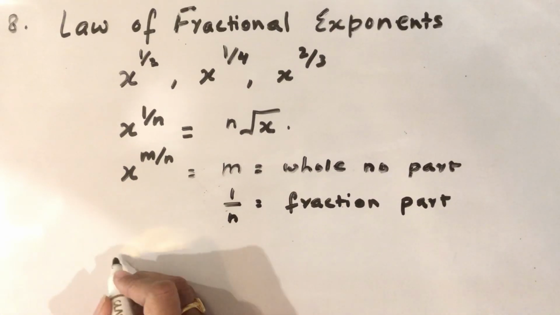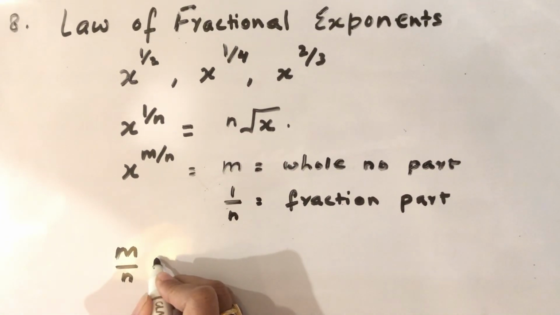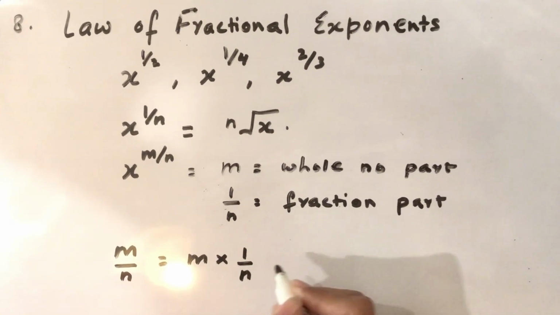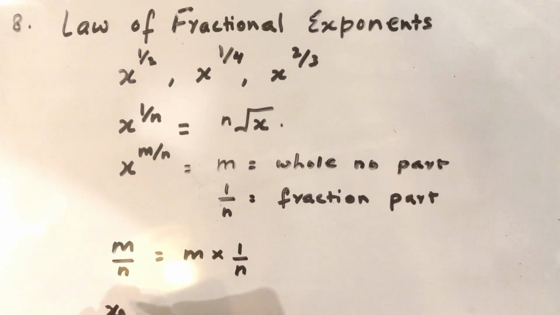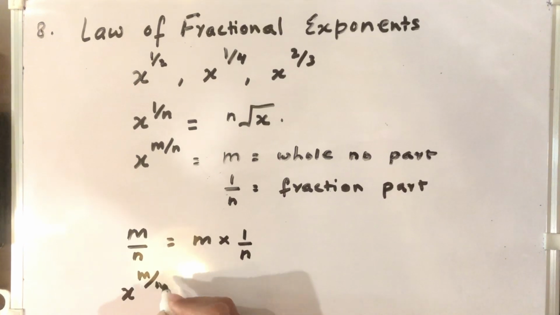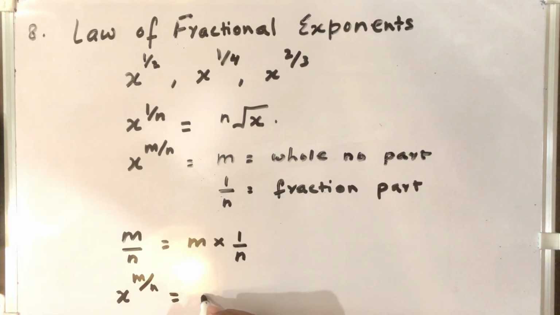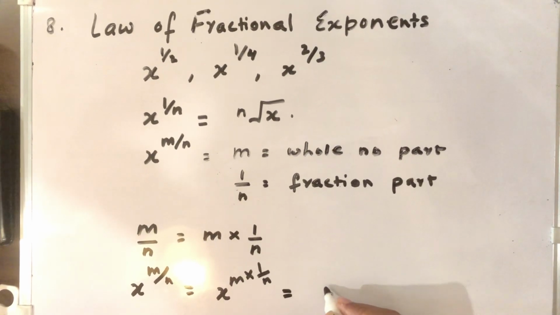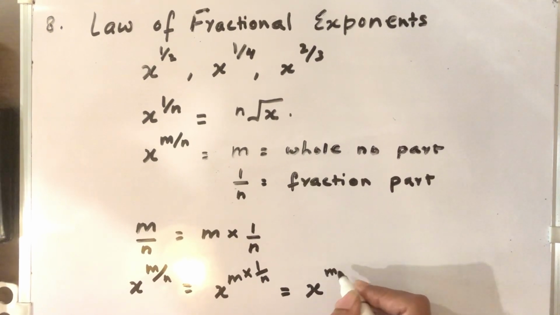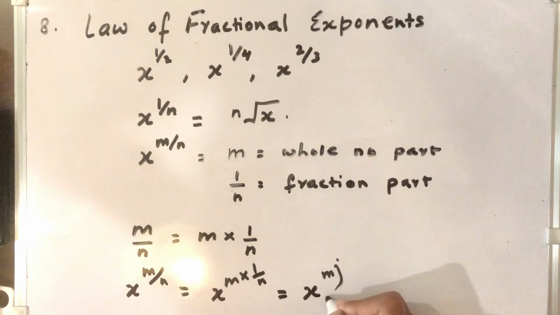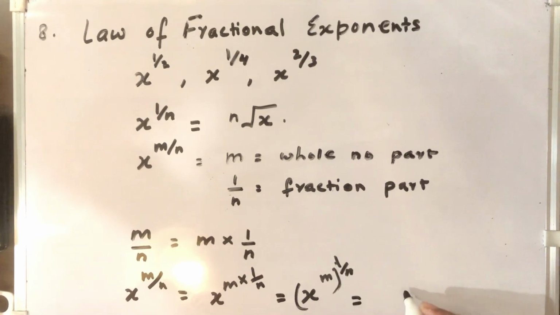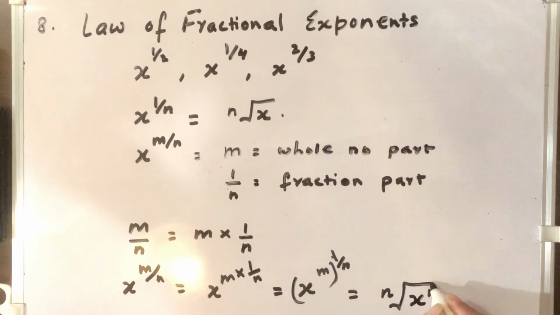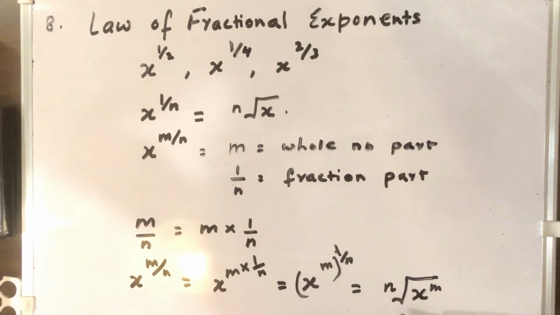Because m upon n is equal to m multiplied by 1 over n, if we have x power m upon n, we can write it as x power m multiplied by 1 over n, or x power m, 1 over n, or nth root of x with power m.